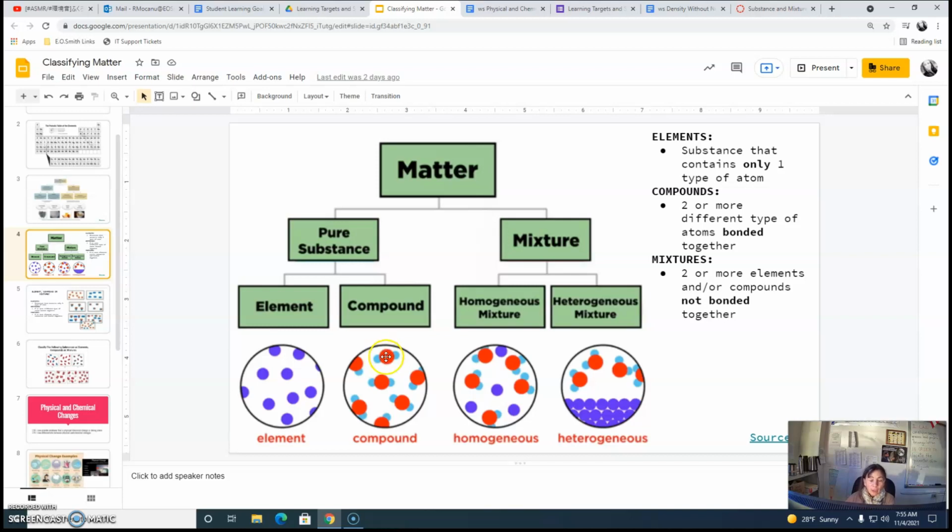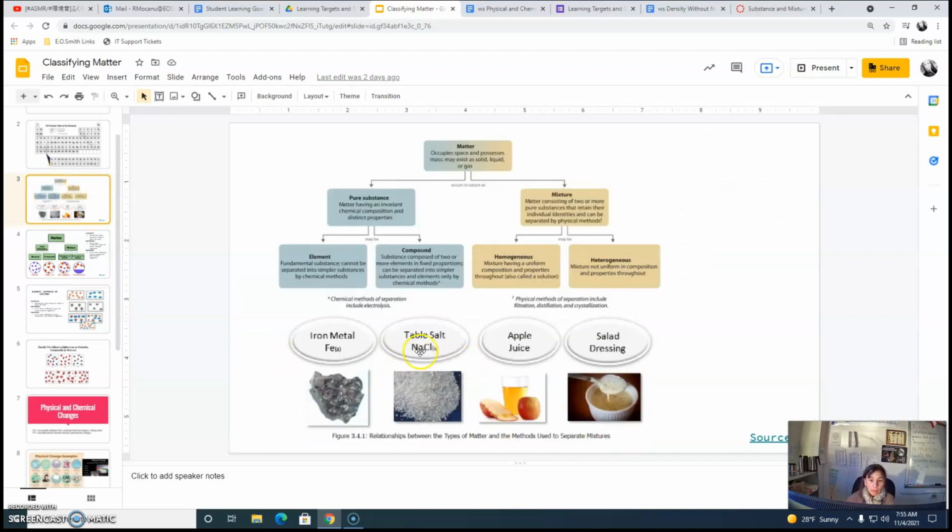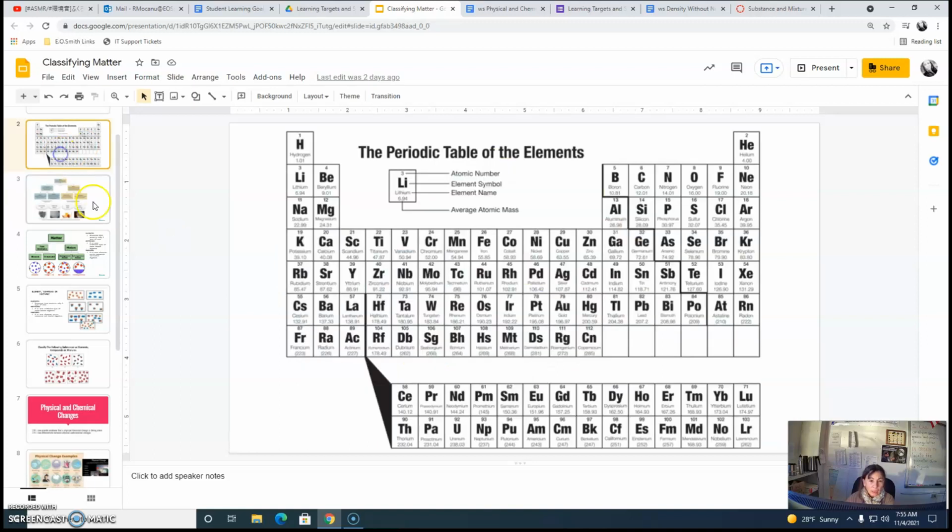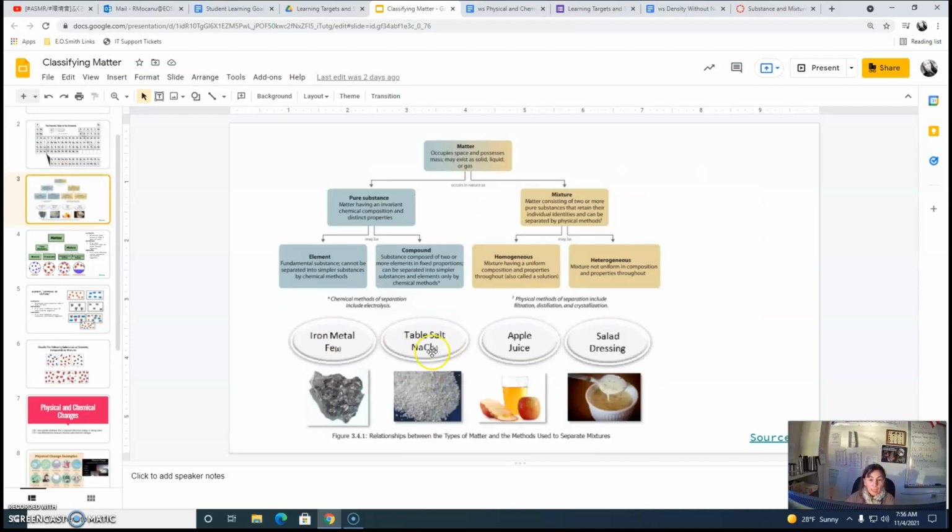For example, NaCl is table salt. Na is sodium on your periodic table, and Cl is chlorine, a different element that you can find right here. NaCl is an example of a compound.